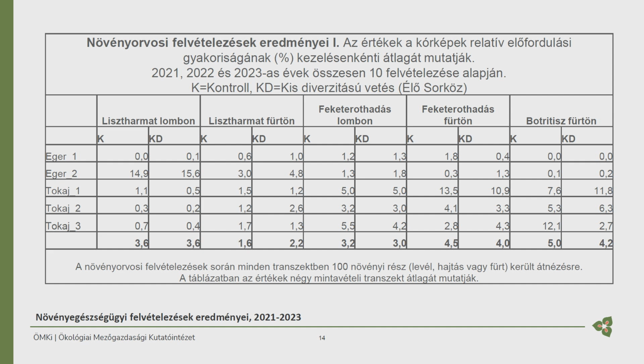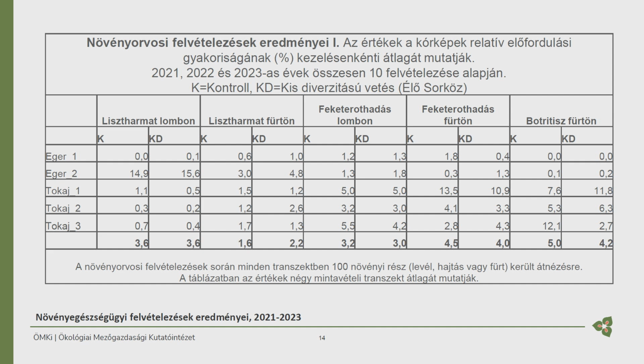This slide shows some test results. Phytosanitary test results from the previous 3 years, generally the control and the low diversity. Looking at the bottom line, you see the powdery mildew, black rot, and botrytis presence, and here you don't need to be afraid that cover crops will mean you have to do more pest control as a result.